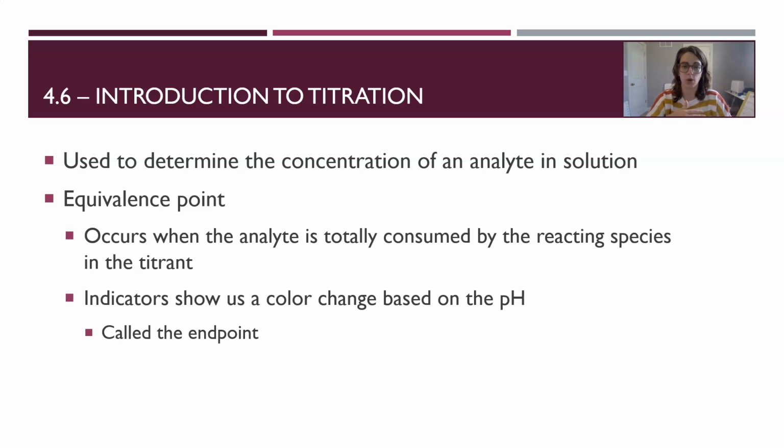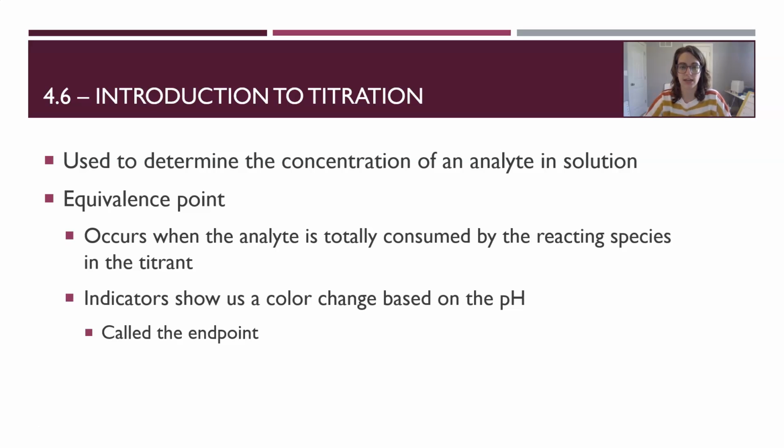Now, we need to know when this happens because most of our solutions are clear. So we use something called an indicator, and an indicator changes color based on a specific pH. When the color changes is called the end point. So there are two pieces. The equivalence point is the reaction piece, when your analyte is totally consumed by what's in your titrant.